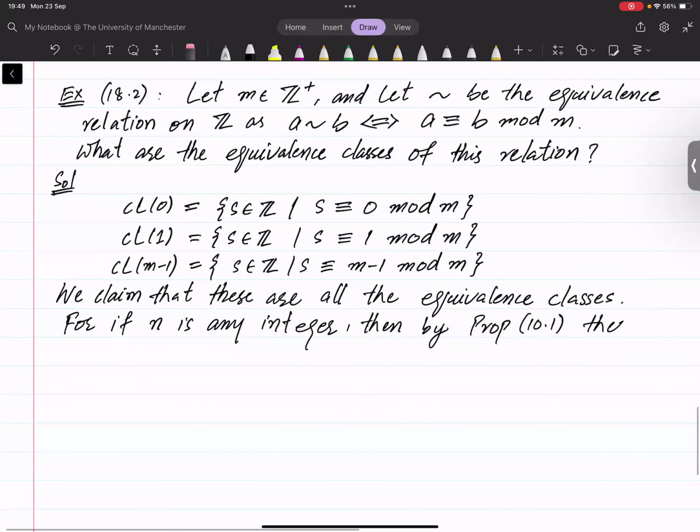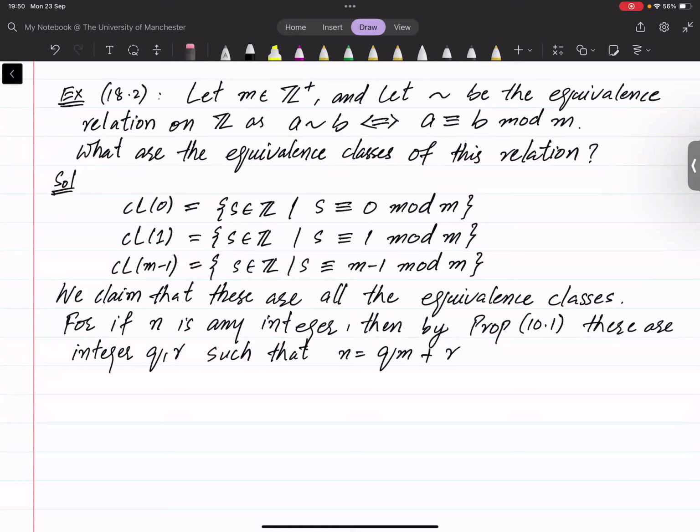there are integers q, r such that n can be written as qm plus r. This is nothing but the Euclidean algorithm we are talking about, with 0 less than or equal to r, r less than m.